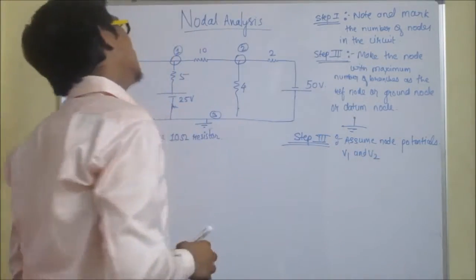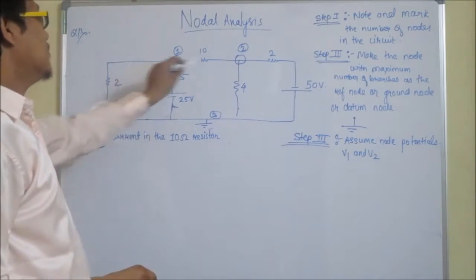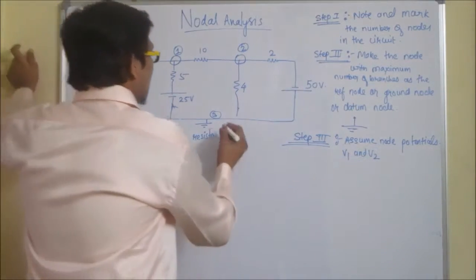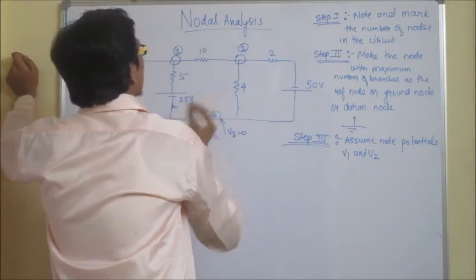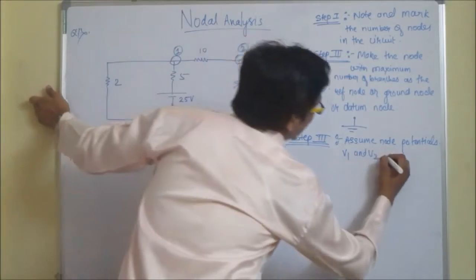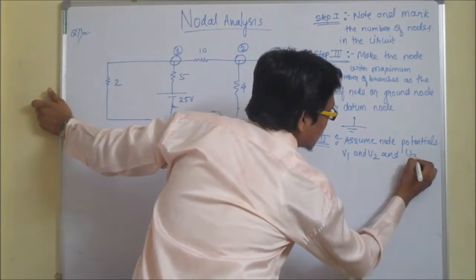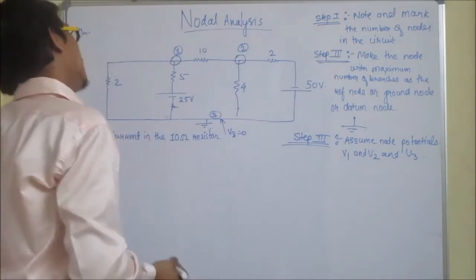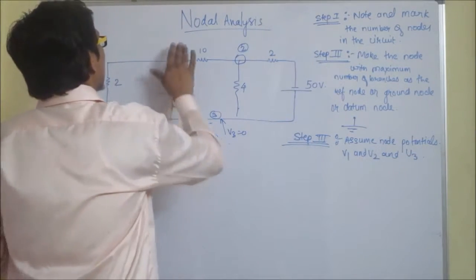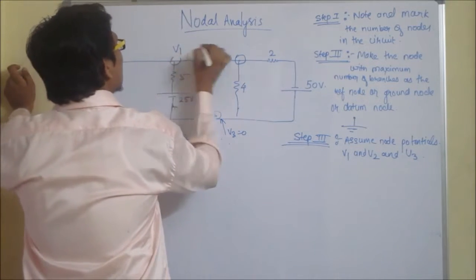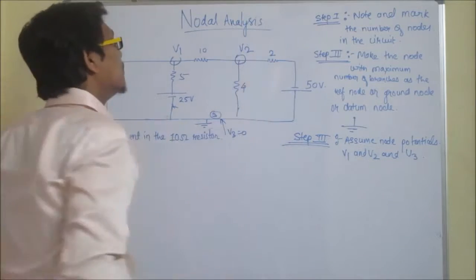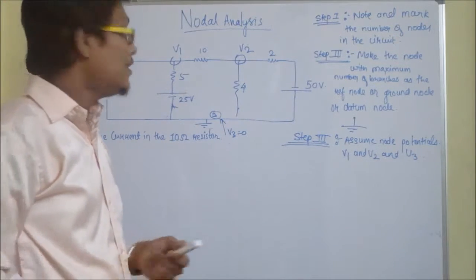Here this node's voltage is 0, V3 is equal to 0. So we'll mark this node as V1 and this node as V2. This is step 3 in our nodal analysis.